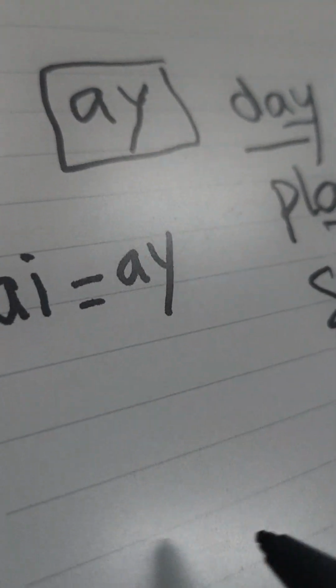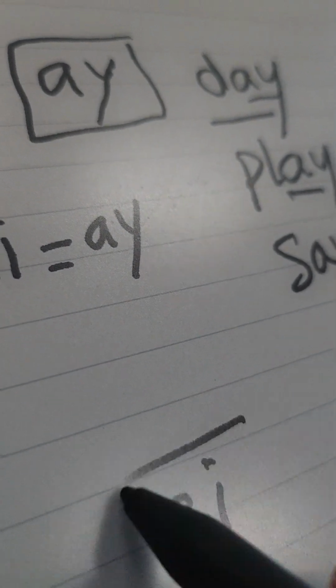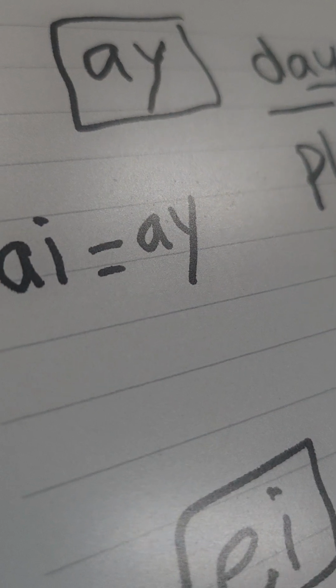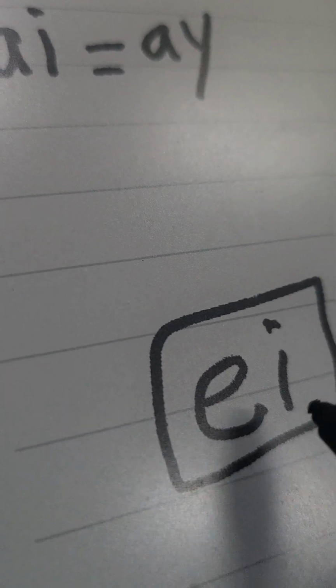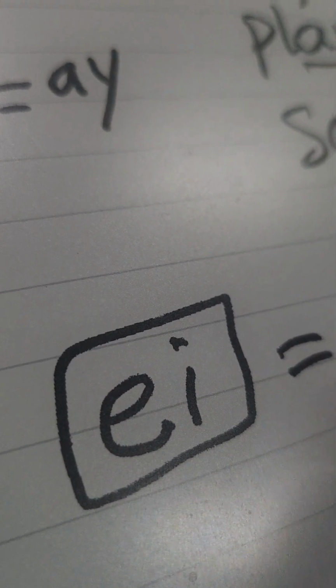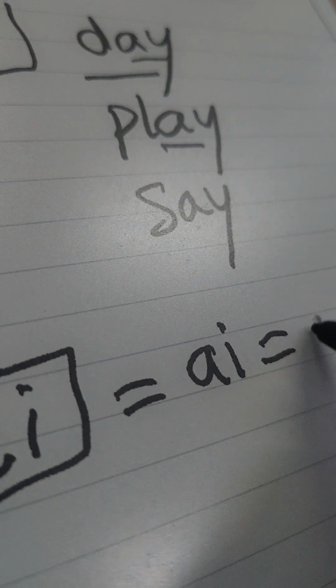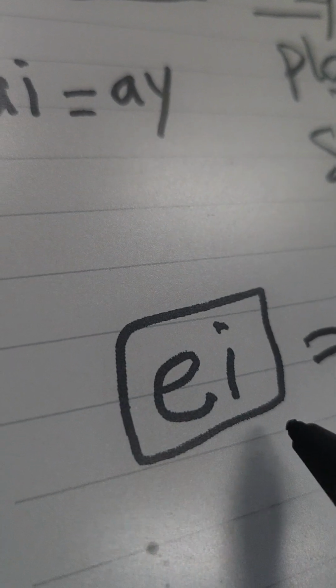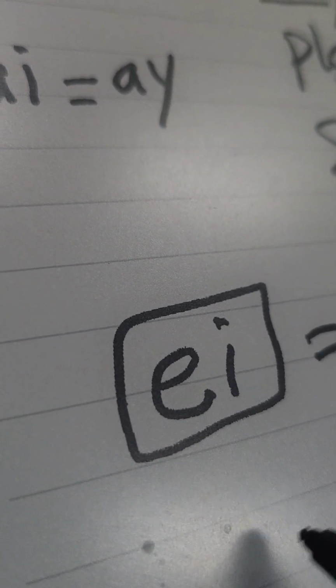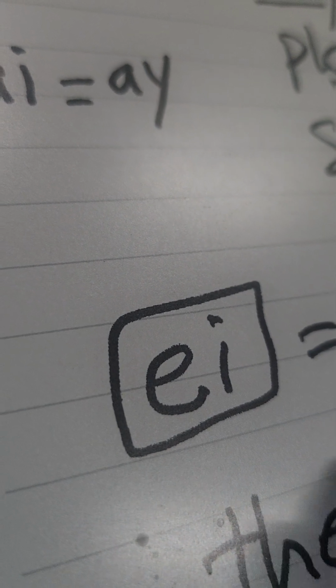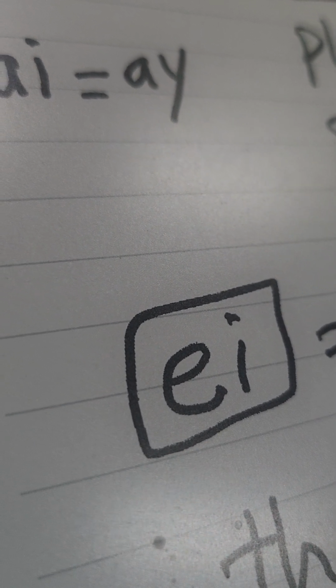Good. What else? If I have EI, okay, EI, you're talking about the letter A. What's E here? With the same sound, by the way, as AI, as AY. EI, yes. How is that? If I say there, A, there.